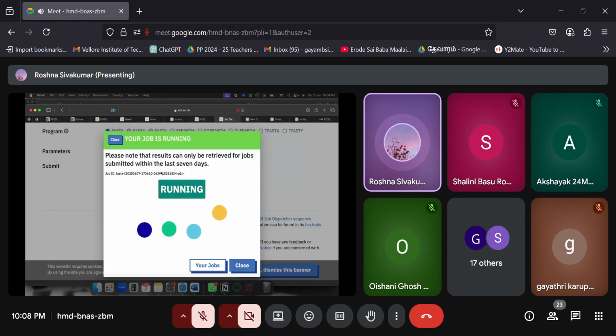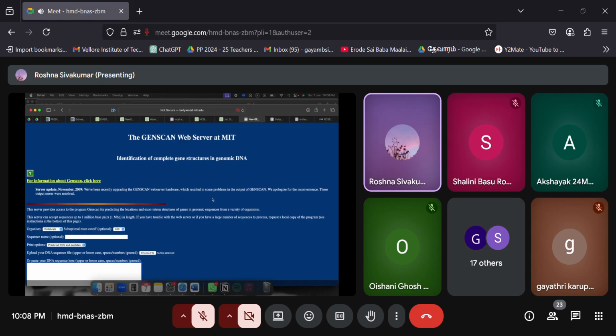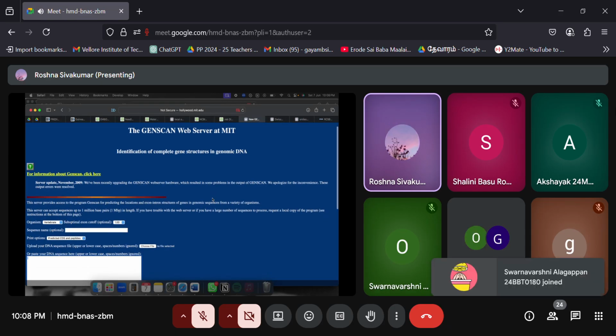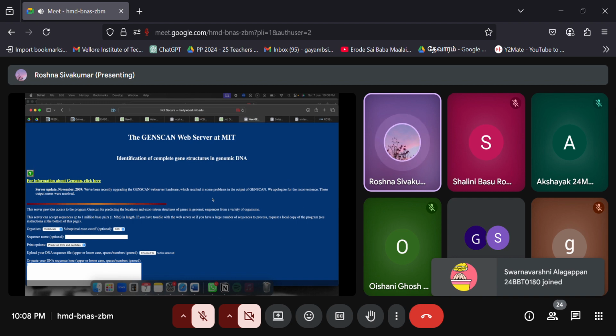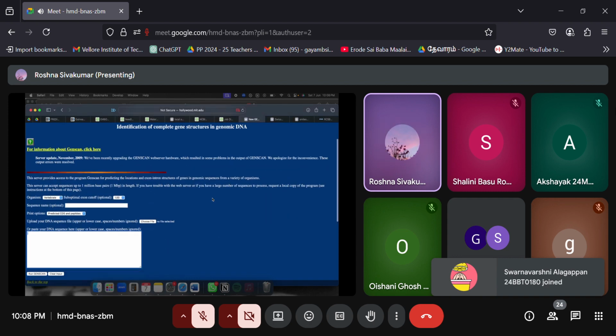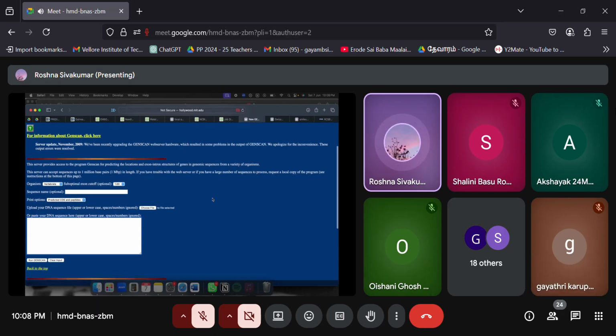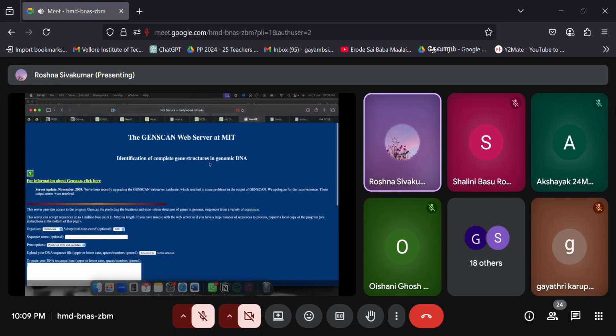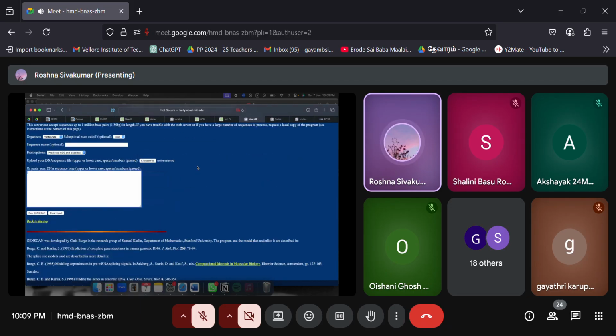Okay, I don't think this is going to happen today, so let's move on to the next one, which is GenScan. GenScan gives you information about your particular gene. So far, whatever we've seen, NCBI, Uniprot, PDB, everything is hosted by government organizations, and this one is by MIT.